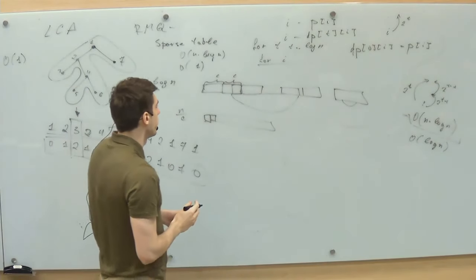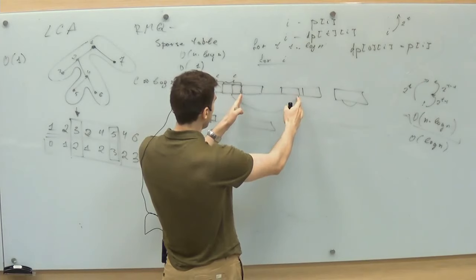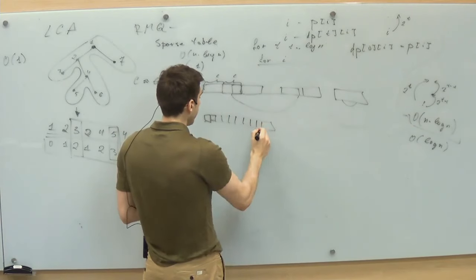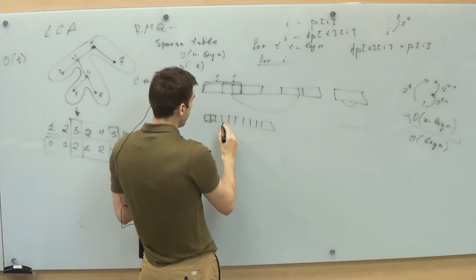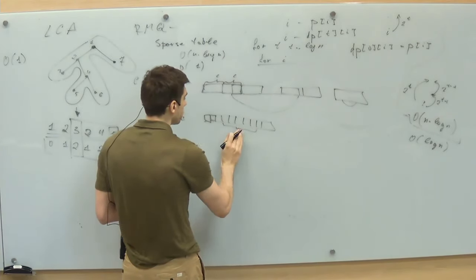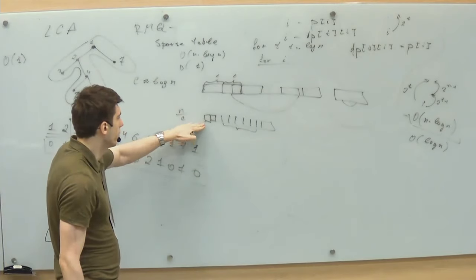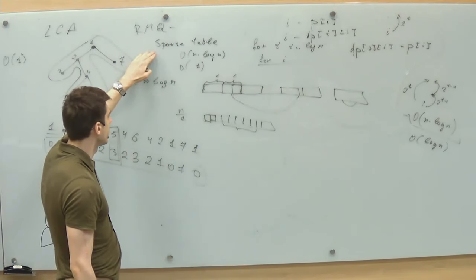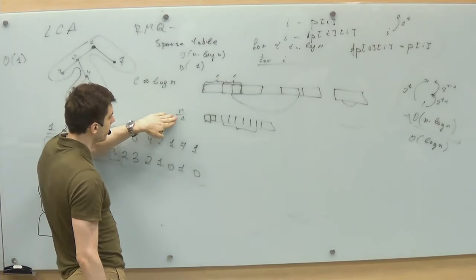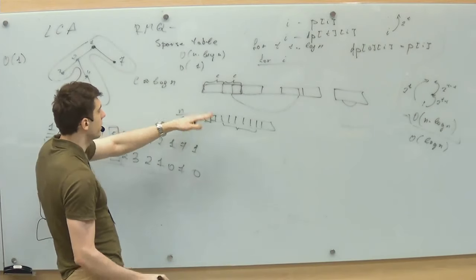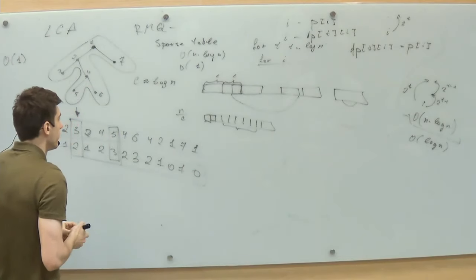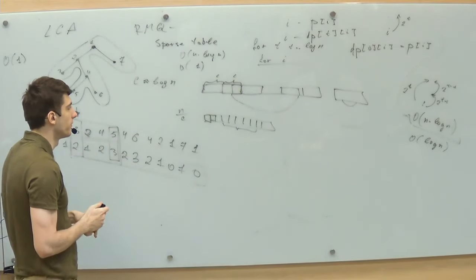Once we have to find the minimum element among the blocks fully inside our query, we look at this array and it becomes just a minimum query on a sequence. To solve this problem, we'll just use the original sparse table. Since the size of this array is divided by logarithm, the whole time of the sparse table here will be just n. That's a similar trick to the one I showed you before.